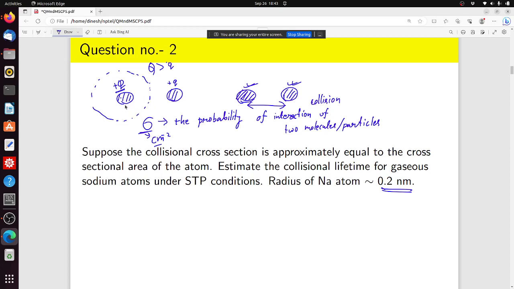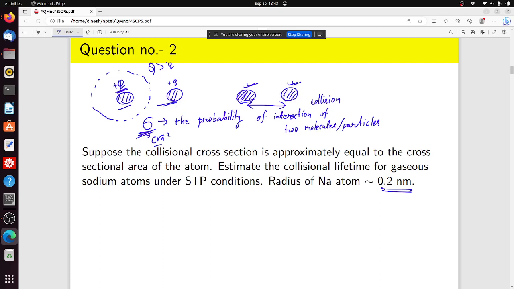Whatever its size, if it has some charge, it will have some influence outside its boundary. So the cross section of interaction defines the probability of interaction between two molecules or two particles.